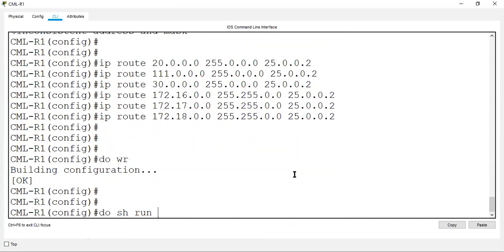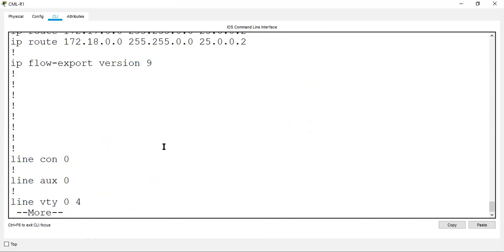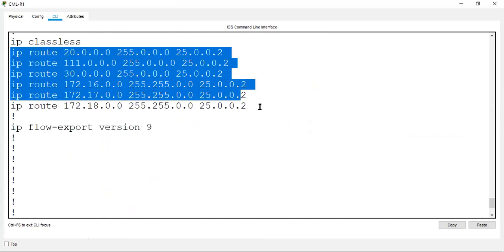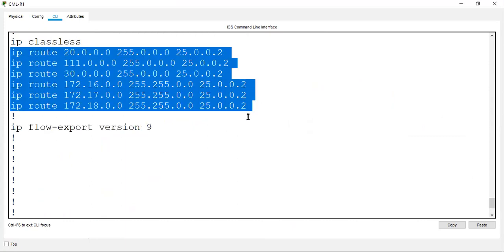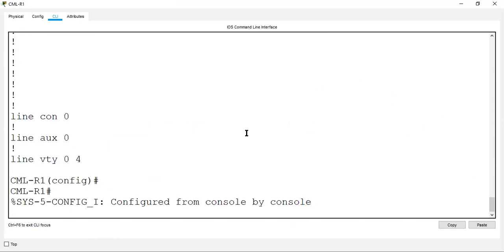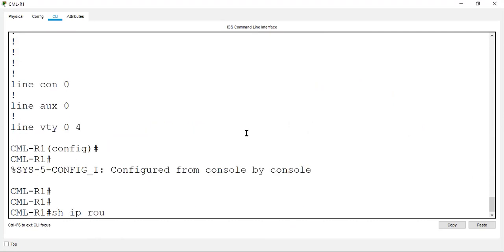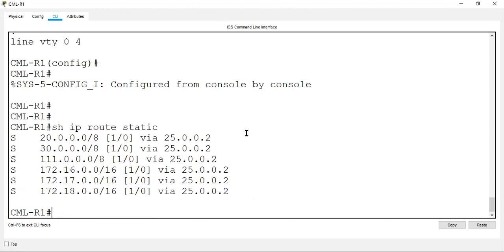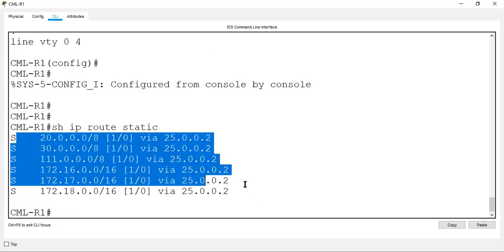Do show run. Here you can see the static route for unknown network. Show IP route static. Now you can see the static route for unknown network.